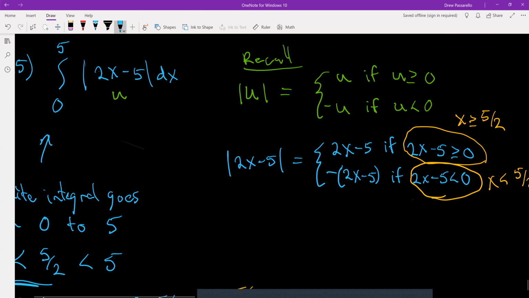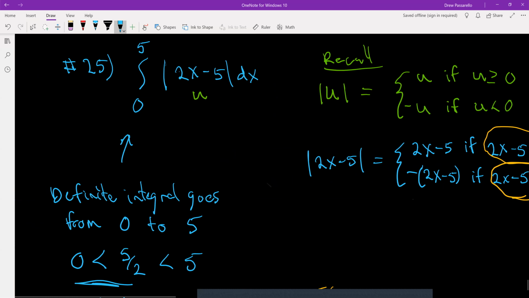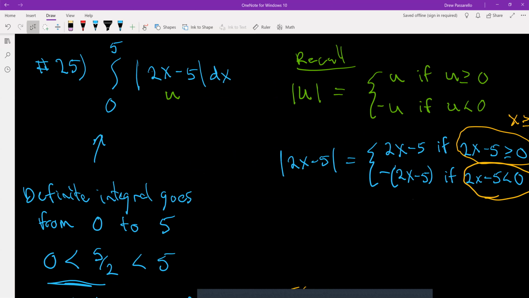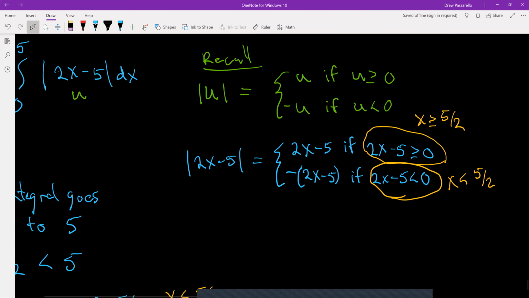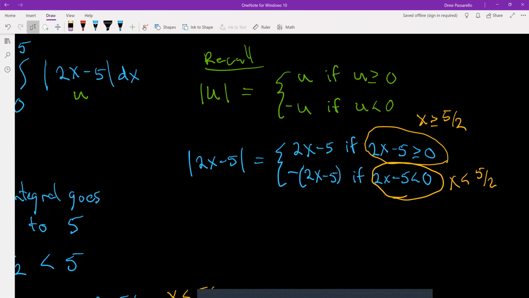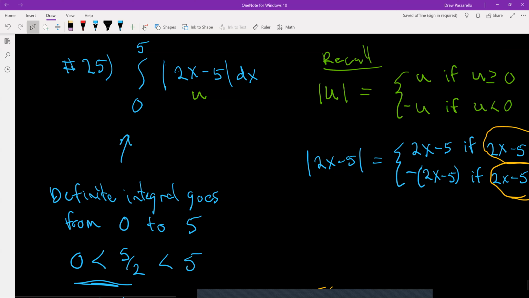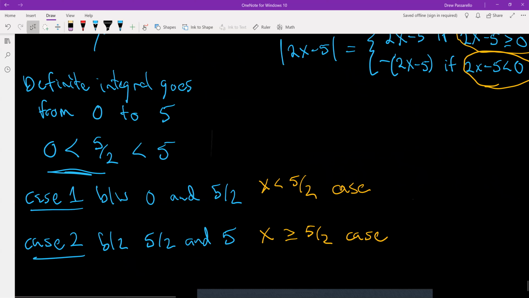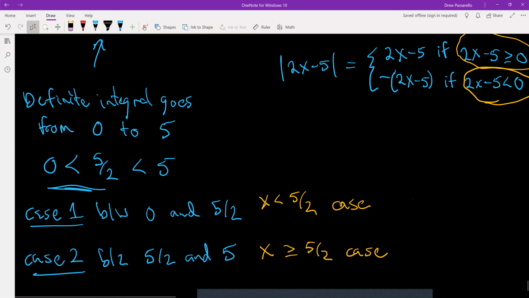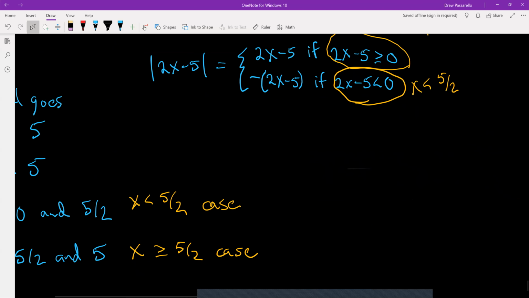And then I looked at my integral. The definite integral, the lower limit of integration is 0, the upper limit of integration is 5. 5/2 is between those two values. And so I'm going to have two cases, right? Because I have these two options, whether it's less than 5/2 or greater than or equal to 5/2. Well, since 5/2 is in between 0 and 5, the first case, between 0 and 5/2, is where I have the x less than 5/2 case.